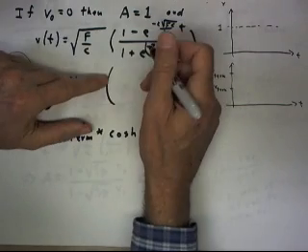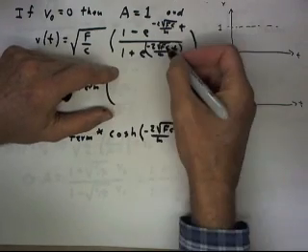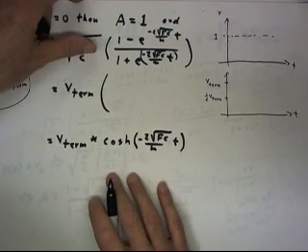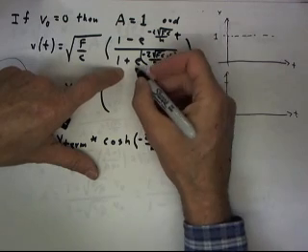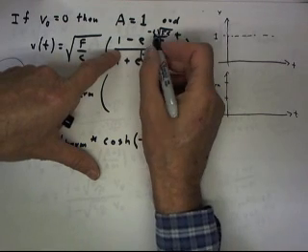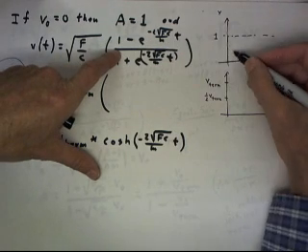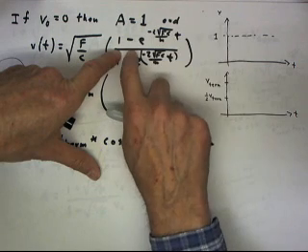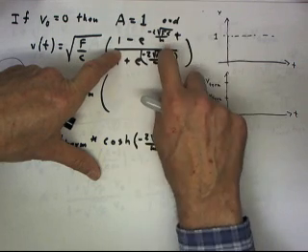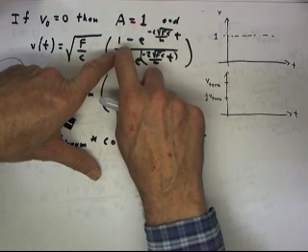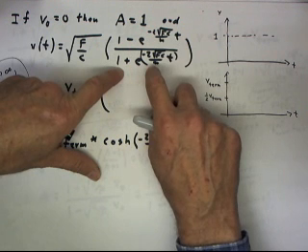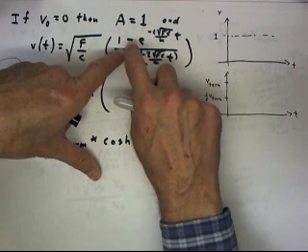Now, I want to look at this expression in a couple of ways. First, 1 minus e to the negative 2 square root of fc, etc., is going to be a function which has value 0 when t equals 0.